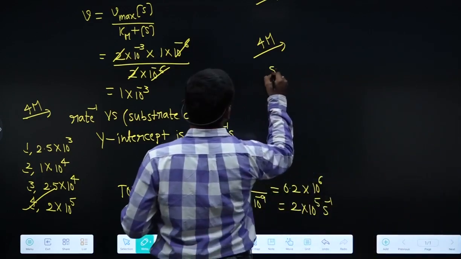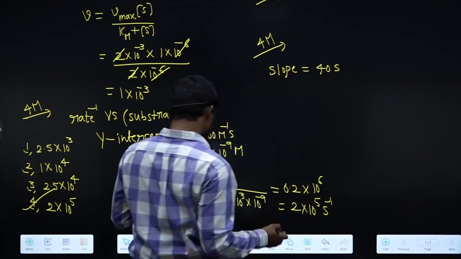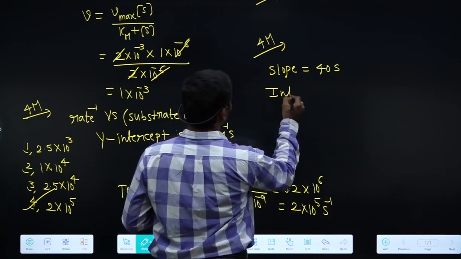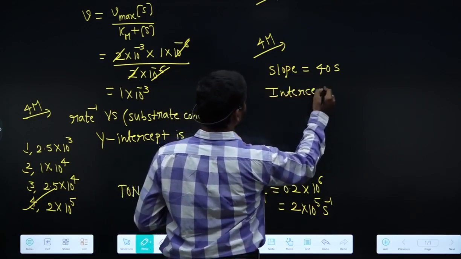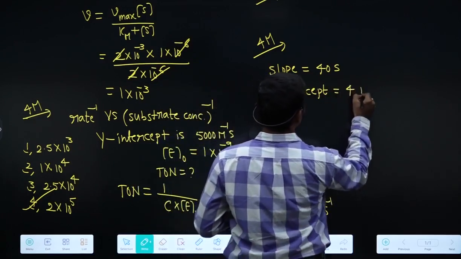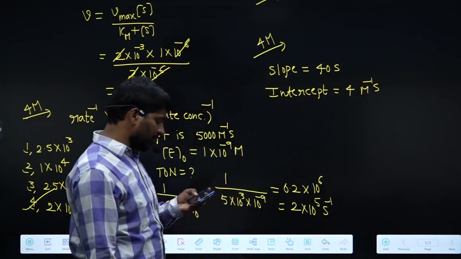Slope is equal to 40 seconds. Intercept is equal to 4 M inverse second.